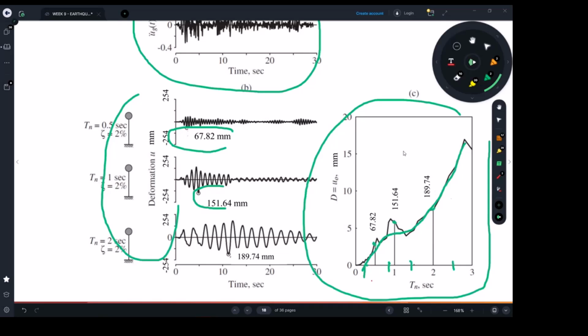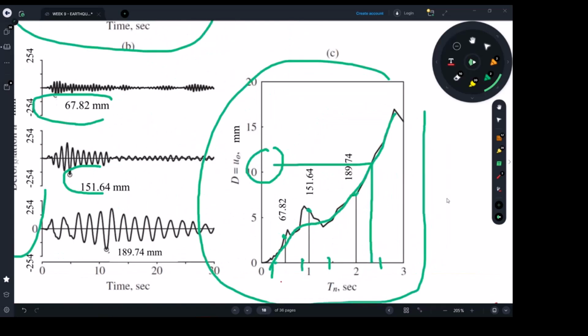They can find the time period of their building, put it here, and work out the displacement anticipated for that building. So basically we're teaching you how to develop a chart that the standards will ask you to use as well.